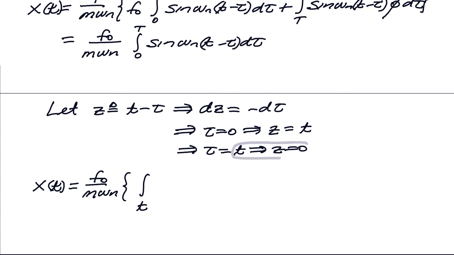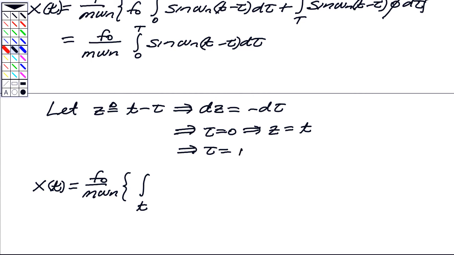I'm still stuck back on the one before. When tau is equal to big T, z is equal to t minus big T. So that's what we get here on the top, t minus big T. Sine omega n z dz.